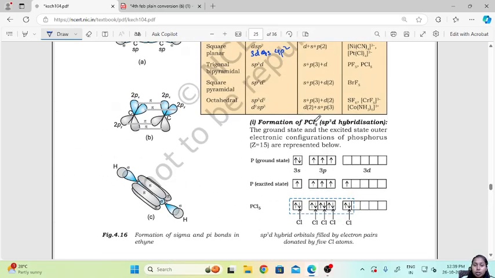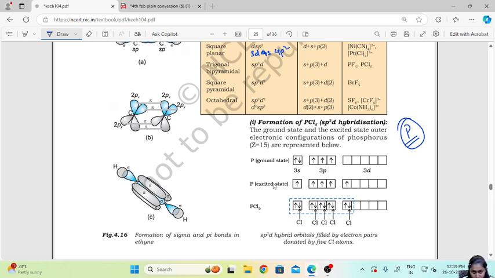Now formation of PCl5 follows an sp3d hybridization. So the ground state and excited state of phosphorus is shown here. Since in PCl5 phosphorus becomes the central element, the hybridized orbitals will be from phosphorus. So in ground state, phosphorus has completely filled 3s orbital and half filled 3p orbital.